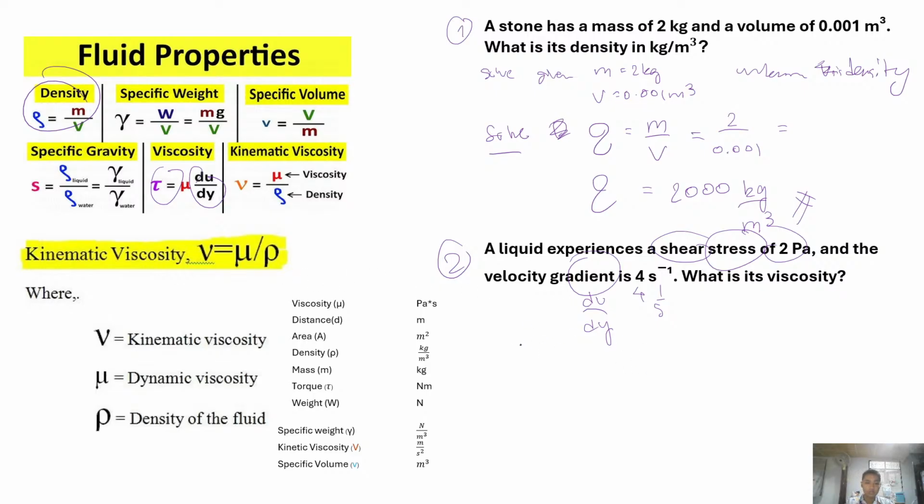And they ask for the viscosity, but we only have this formula. What are we going to do? Torque equals viscosity times du over dy. Move this to the other side: viscosity equals torque over du over dy, which gives us 2 over 4. We'll get 0.5 per second. Is that right?